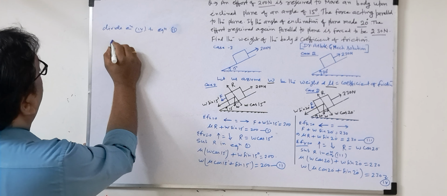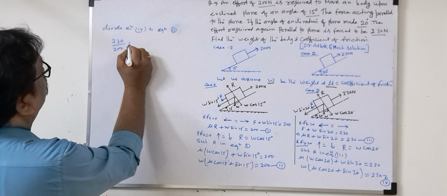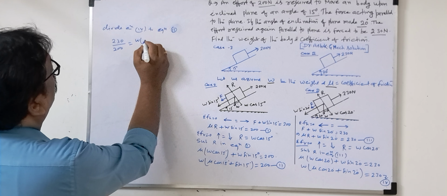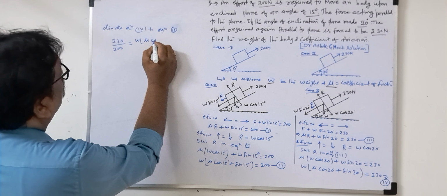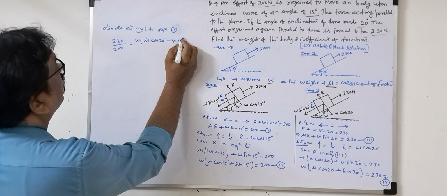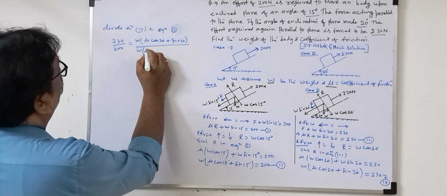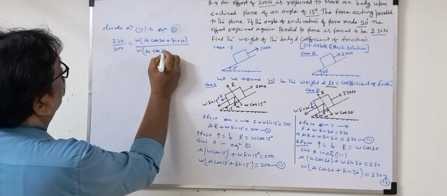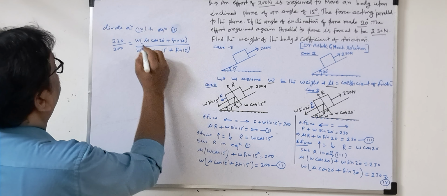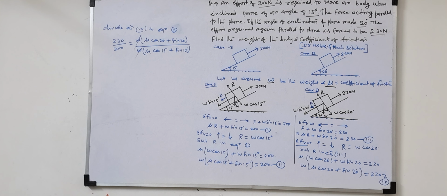So for 4, what is it? 230 by 200 is equal to W mu cos 20 plus sin 20 divided by W mu cos 15 degree plus sin 15 degree. W gets cancelled. So 230 by this, how much is coming?